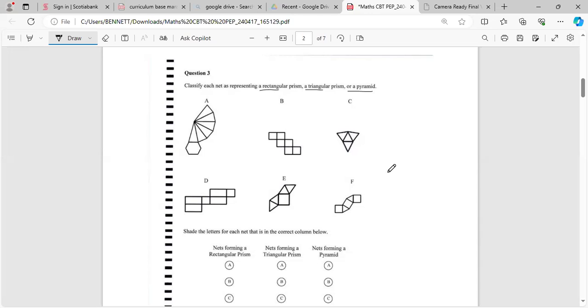So guys, we're gonna look at A and tell whether you think it's a rectangular prism, a triangular prism, or a pyramid. So after you have that, then you go on to this one.